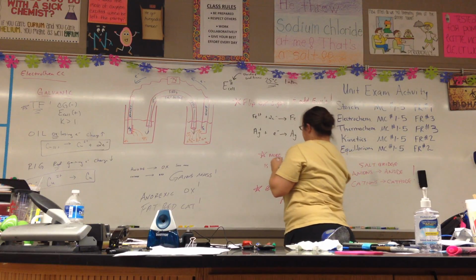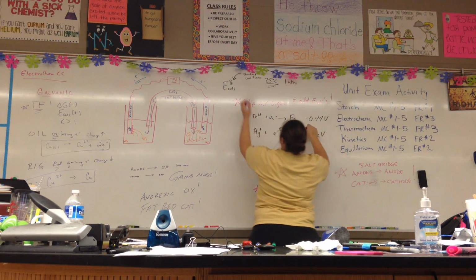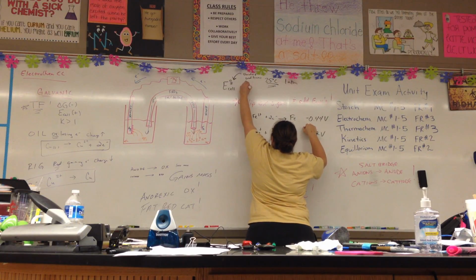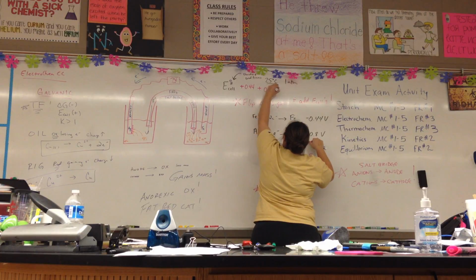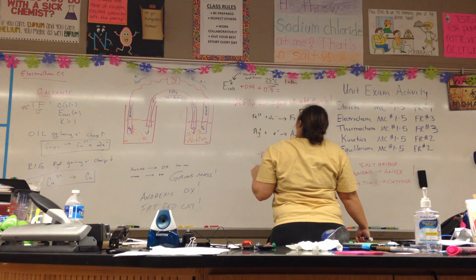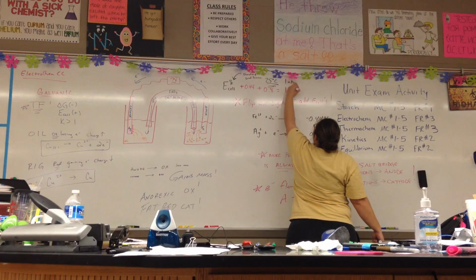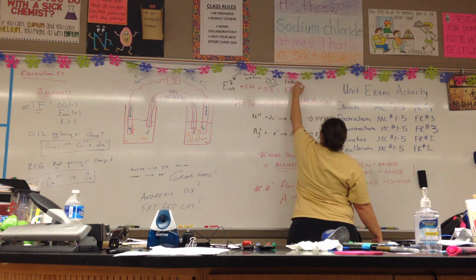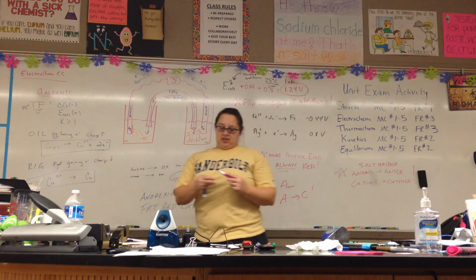That's how we find this. So I flip oxidized, so it's positive 0.44 plus 0.8, and what would that give me? 1.24 volts, and that would be my E cell at standard conditions.